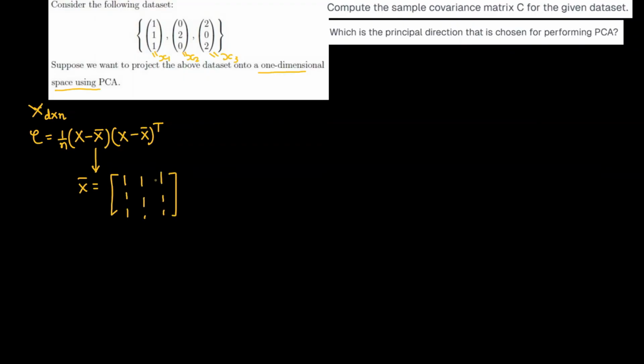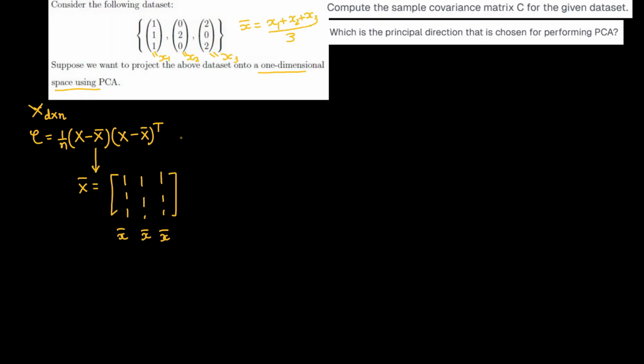What I have done is I have computed the mean, little x bar, little x bar and little x bar. So all of them are identical, right? And we can say that little x bar is nothing but x1 plus x2 plus x3 by 3, right? So it will give you 1 1 1, right?